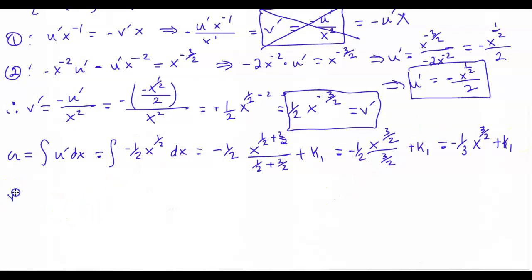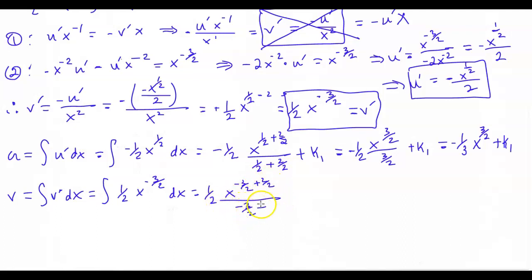All right, and we'll do the same thing with V. So V is the antiderivative of V prime dx. Our V prime was 1/2 x raised to the -3/2 times dx. Ignore the 1/2. And of course we add 1 to the exponent, divide by the same, and add our integration constant there.